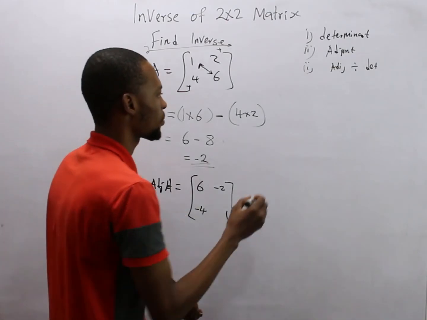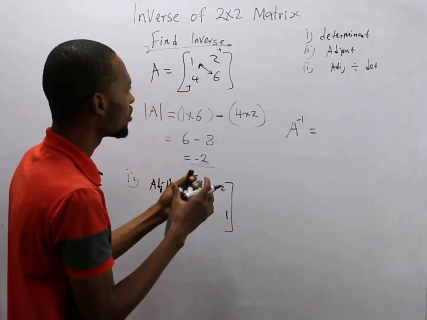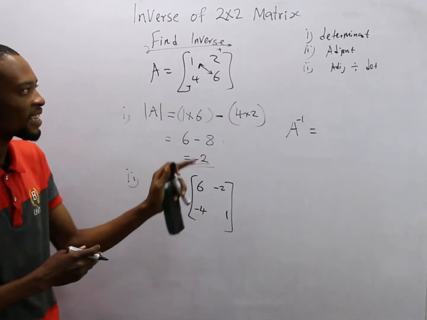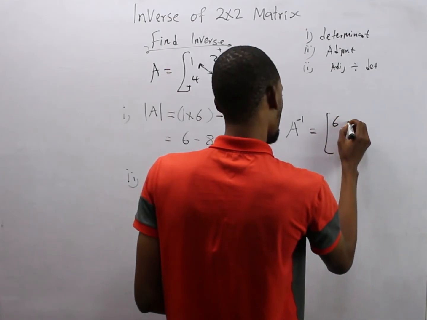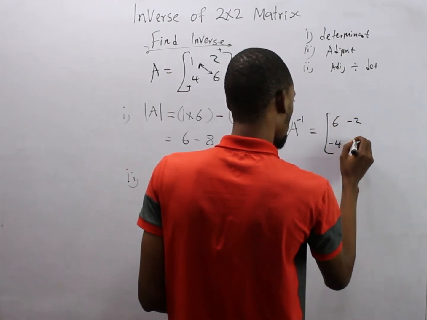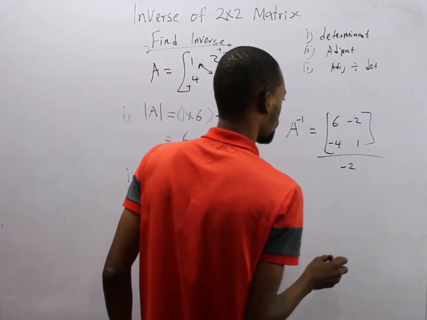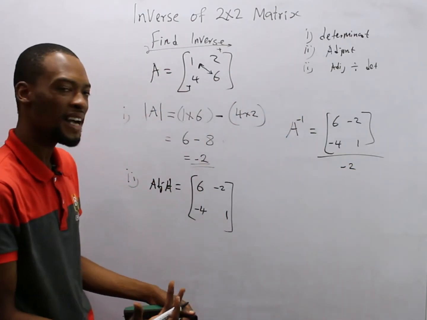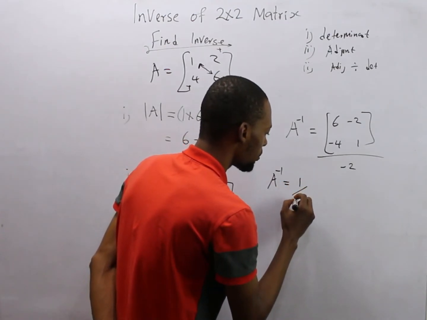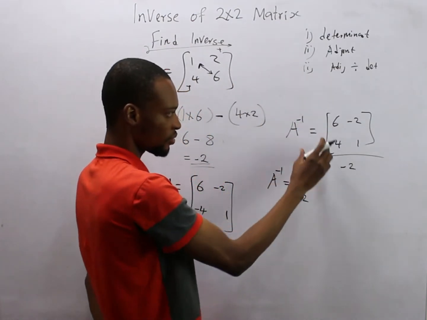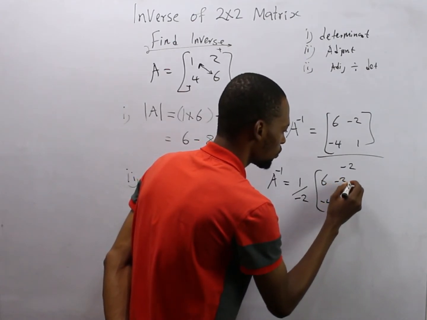Now what is inverse? A inverse is simply the adjoint divided by the determinant. That's to say, 6, minus 2, minus 4, 1, and 1 over the determinant, which is minus 2. To simplify it, A inverse is 1 over minus 2, that is the determinant, times 6, minus 2, minus 4, 1.